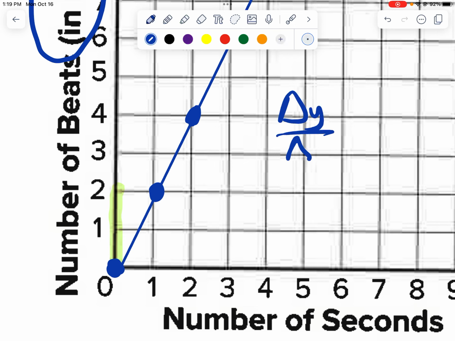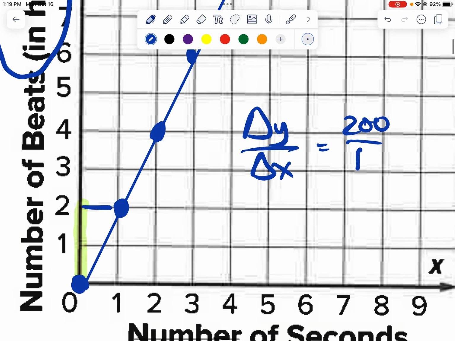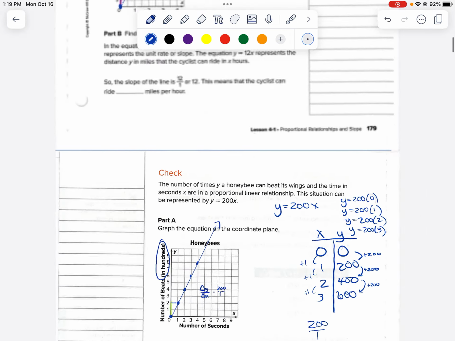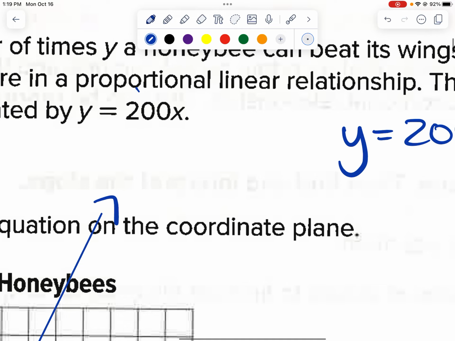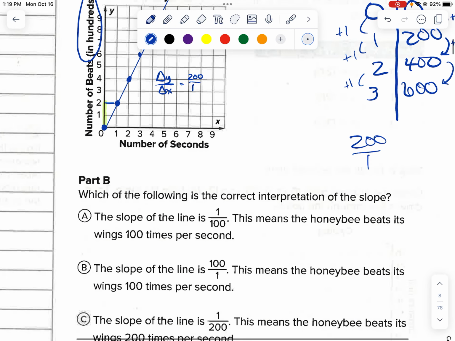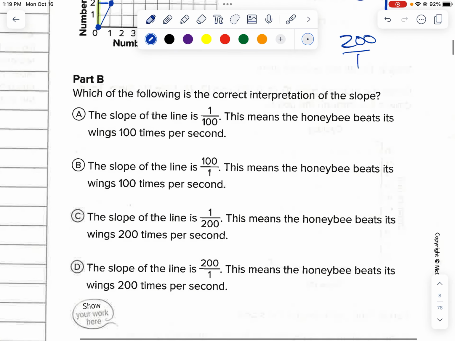Change in y over the change in x. I would get 200, and then I come across, and I would get over 1. Or, if you haven't figured it out yet, isn't it just this number right here? 200. A honeybee beats its wings 200 times per second.